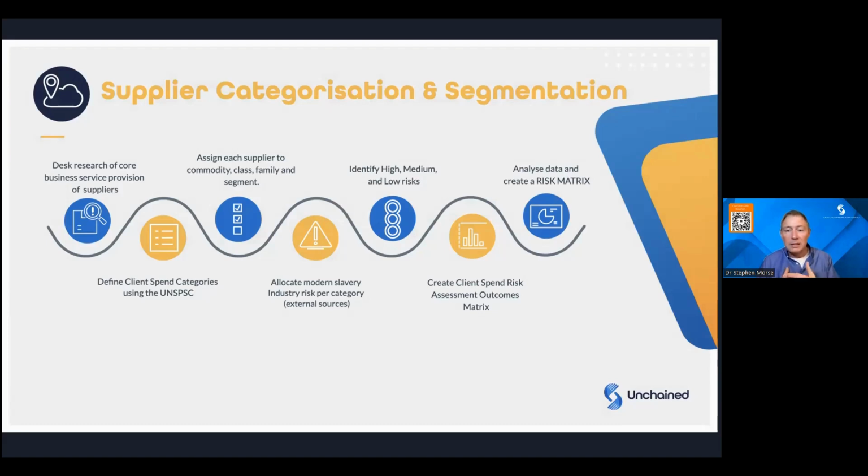So this is not due diligence, this is the setup, if you like, for the actual due diligence. And the goal of this is really to create a risk matrix of the entire supplier base. So that's really in a nutshell supplier categorization and segmentation.